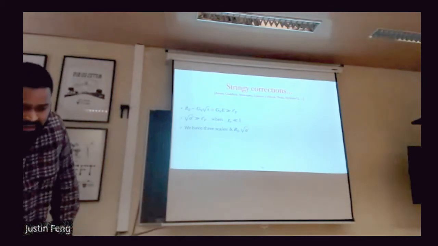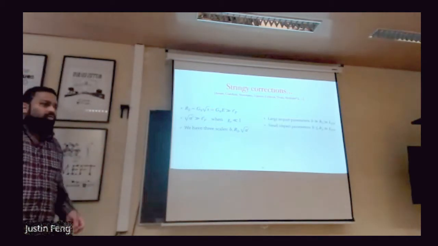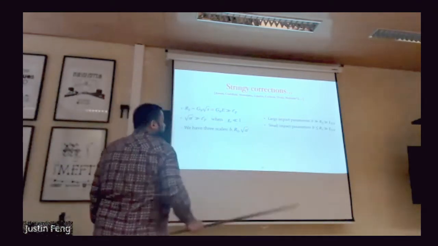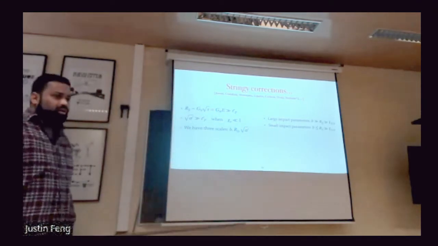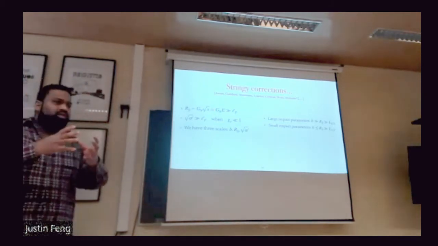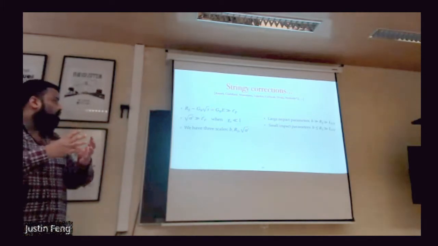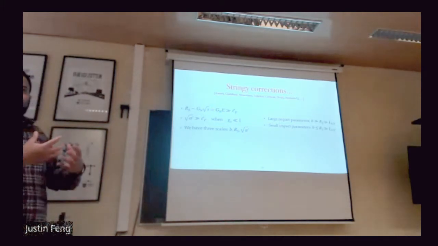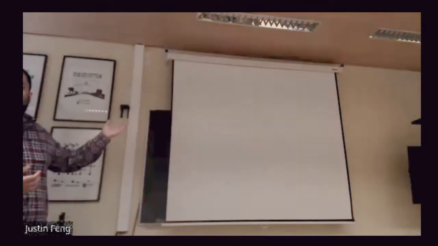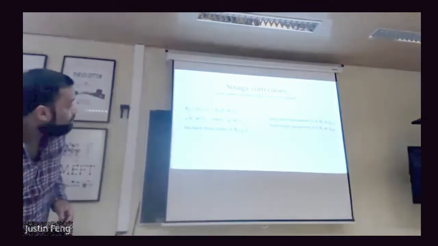So now, to quantify large and small impact parameters, the large impact parameter regime that we've been looking at so far is that one. And the smaller impact parameter regime is where the Schwarzschild radius associated to the scattering that we perform is of the same order as the impact parameter.